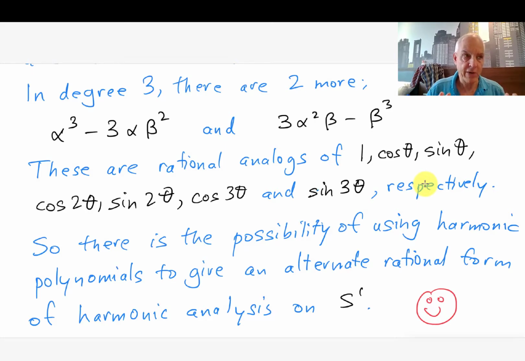So what we're getting here is this possibility of using these harmonic polynomials to get at these more traditional Fourier series ingredients, but in a purely rational form. Okay, so this is a very good direction to go in.